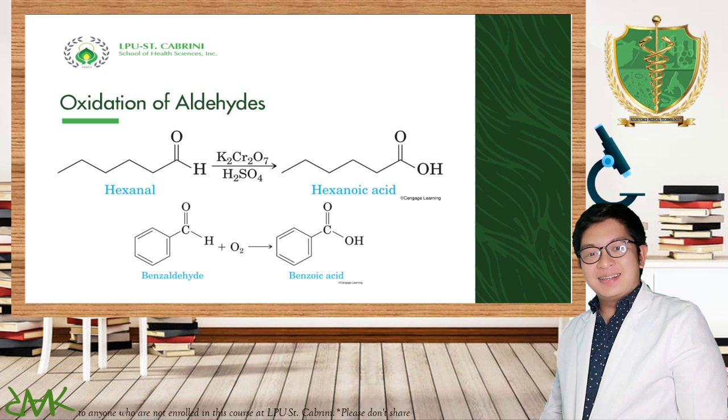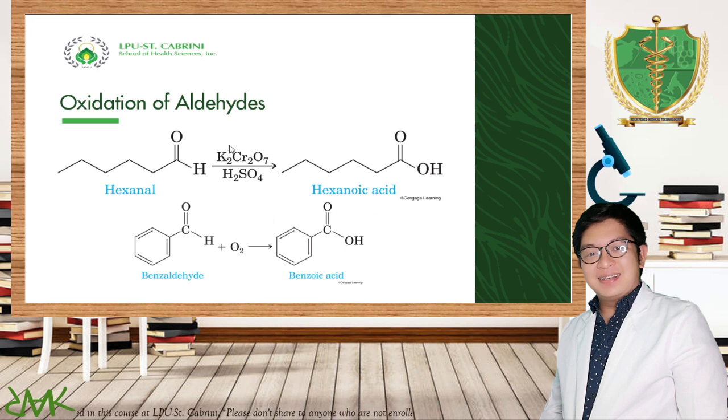If you still remember the oxidation of a primary alcohol, we said that oxidation of the primary alcohol upon exposure to our oxidizing agent, potassium dichromate, will give you an aldehyde. I hope you still remember that. And I said that further oxidation of our aldehyde will give us our carboxylic acid.